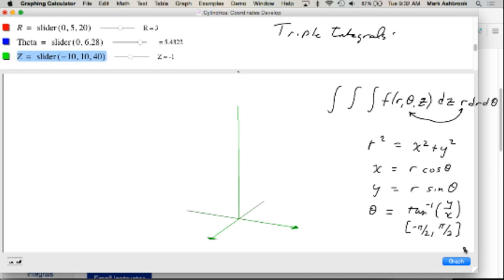So you may have to add pi or subtract from 2 pi or something, whatever you need to get the angle that you need. So these are the same relationships between x and y and the polar plane that we have when we're doing polar stuff.